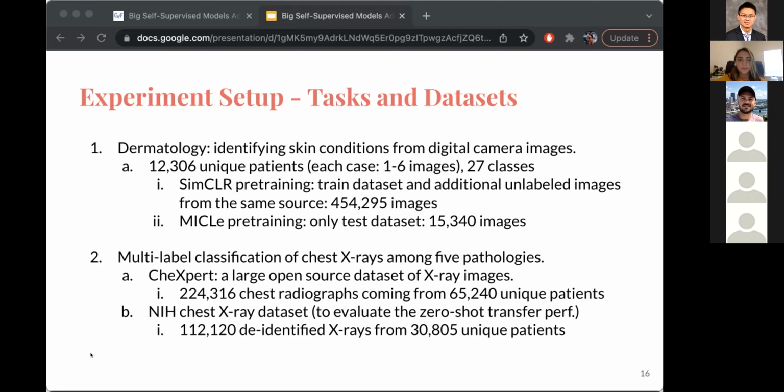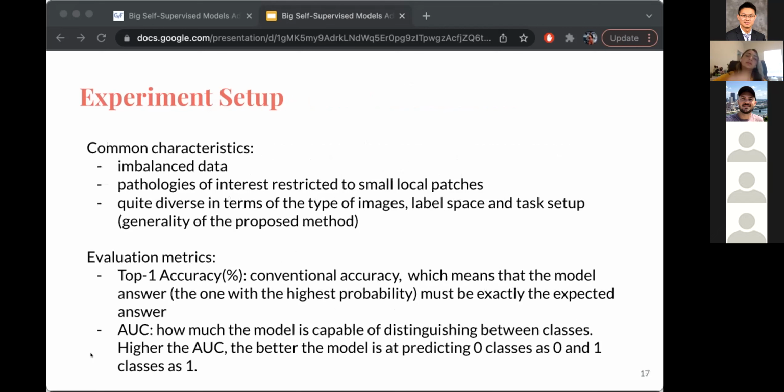The reason they're performing their method on two different data sets is that they both have the same problem, which is imbalanced data, for the X-ray data set and the dermatology data set. The pathologies are also restricted to small local patches.